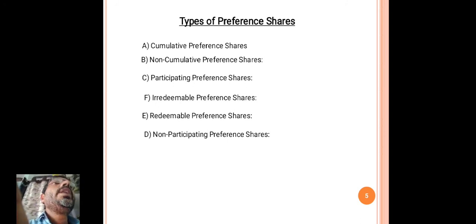So, cumulative preference share. Here cumulative means every year's dividend is accumulated for the cumulative preference shareholders.